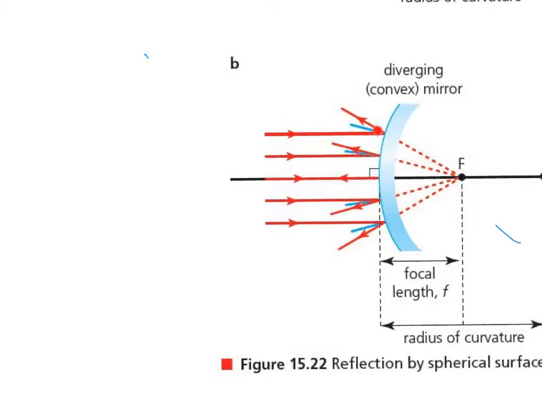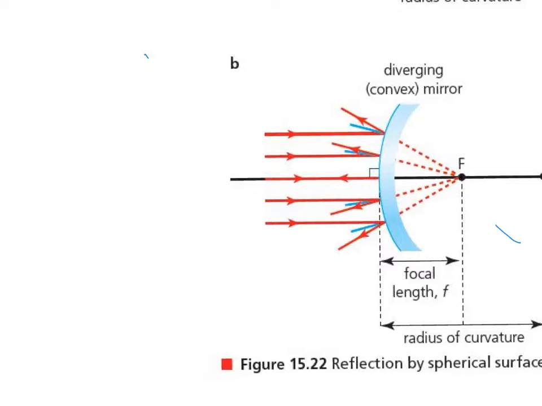Well, by following the reflected angle, or the angle of reflection, and this reflected ray, we can trace it back as if it were coming from the focal point here. So you could follow any ray and mark its direction back to this focal point here. Okay, so there is your diverging or convex mirror.